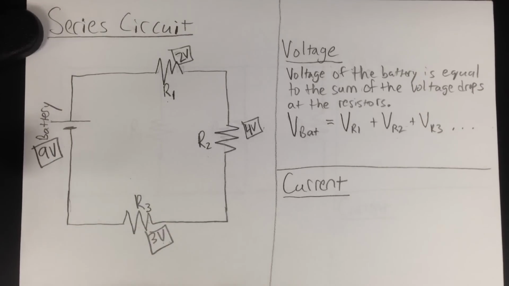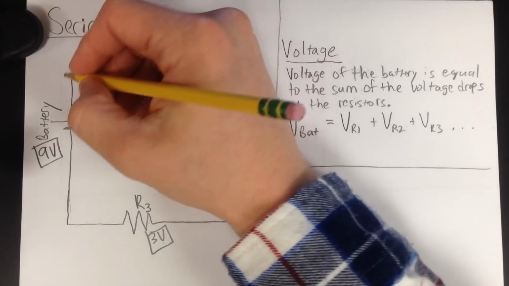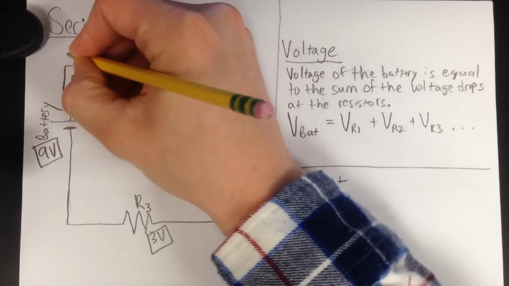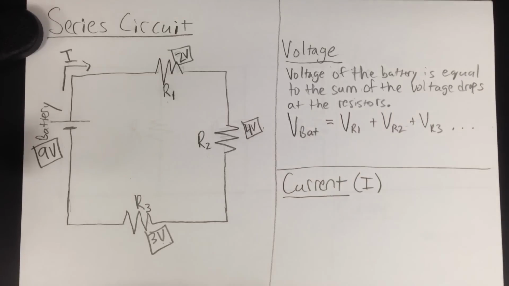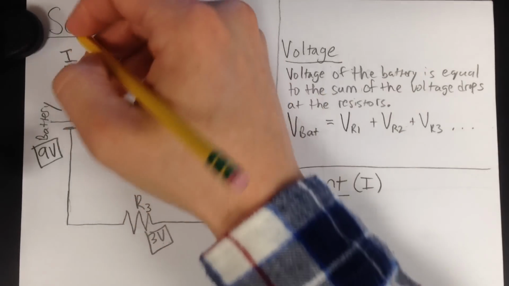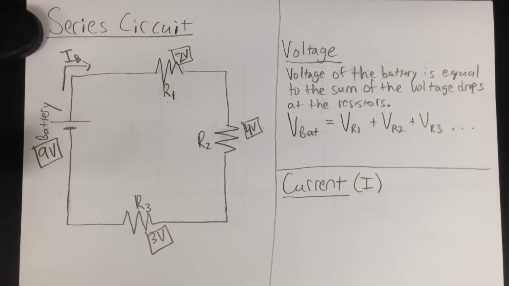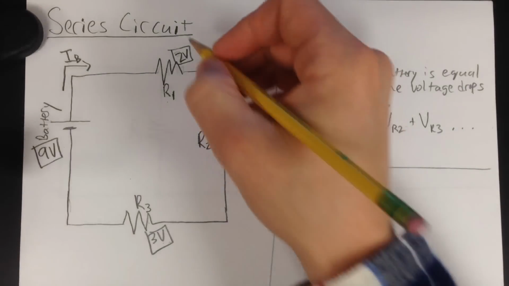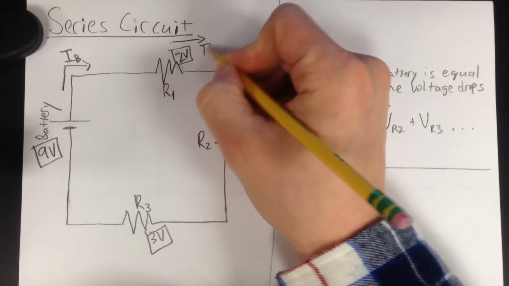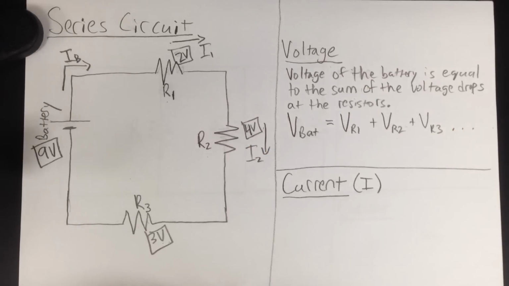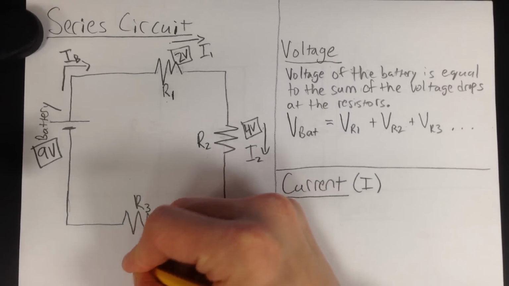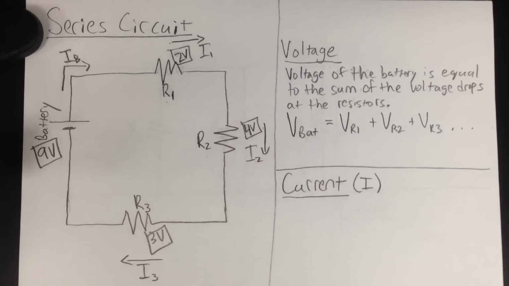What do we know about current? Well, there's only one loop, so current we label with the variable I, because C gets taken up by other things. So current is the variable I, and current is the same everywhere. If this is the current through the battery, IB, then the current I1 through R1, and this will be the current through the 2nd resistor, and here would be the current through the 3rd resistor.